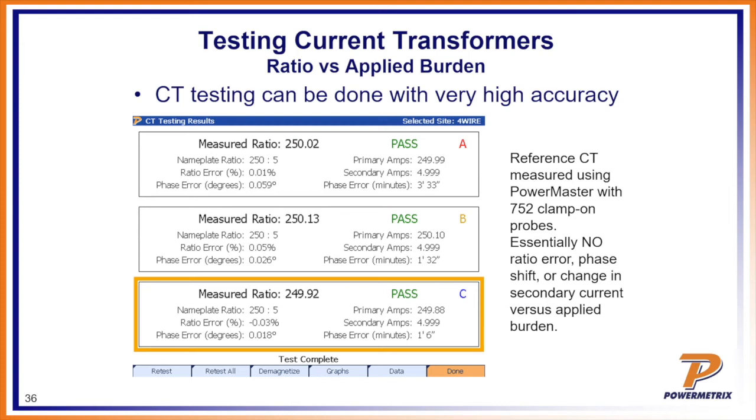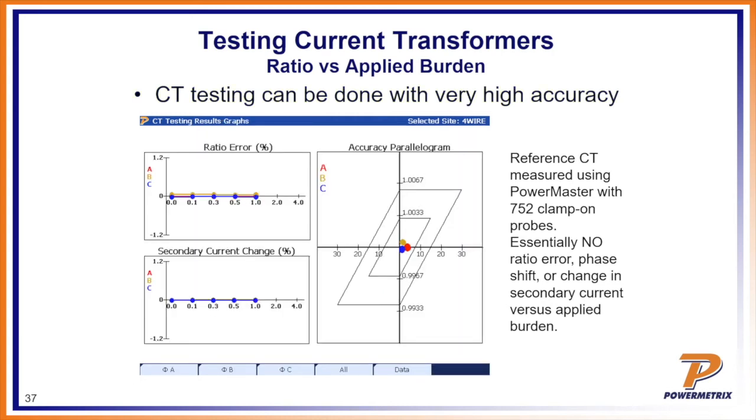This is a perfect example. No ratio error, no phase shift, and it looks good. If you look at the parallelogram, everything was within that small window. No change in the secondary current, no change in the primary current. Now, are you ever going to see this in the field? Heck no. This is only something we simulated in the lab.